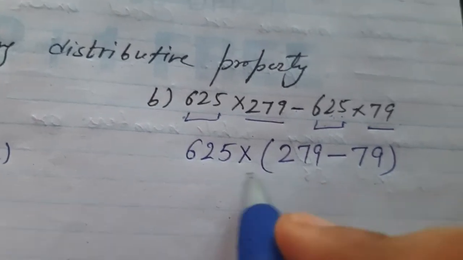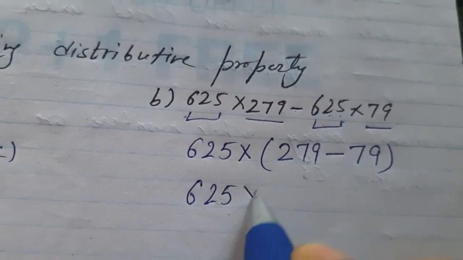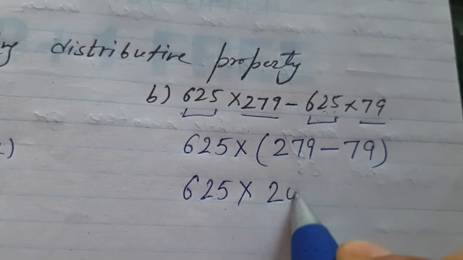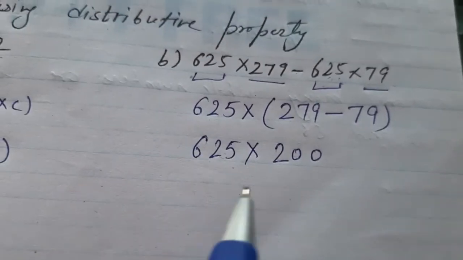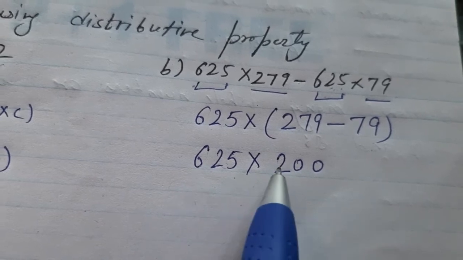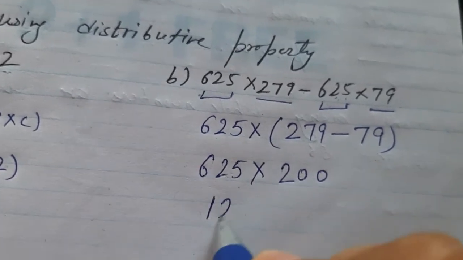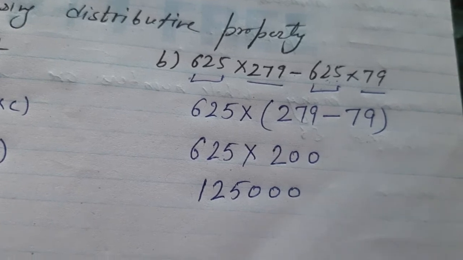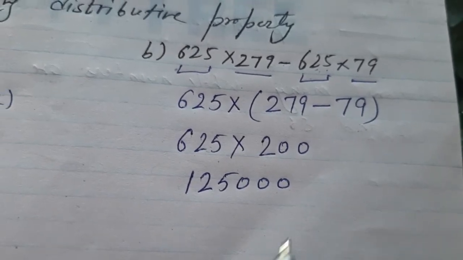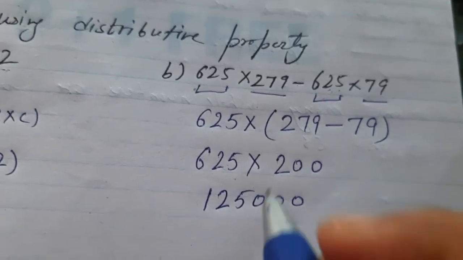So now we will solve the bracket first. Bracket को solve करेंगे, so it will become 200. Now it is easier to multiply 625 with 200. So it will become 1,25,000.